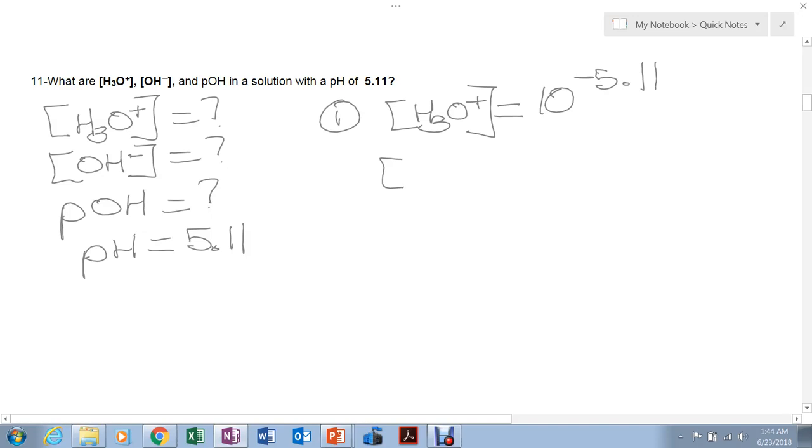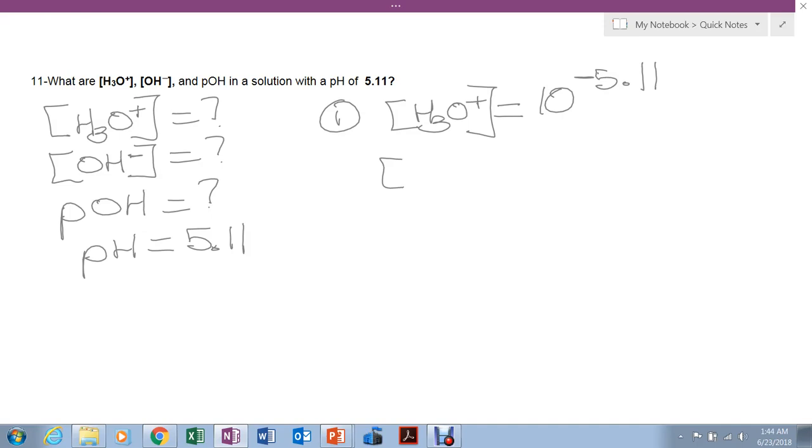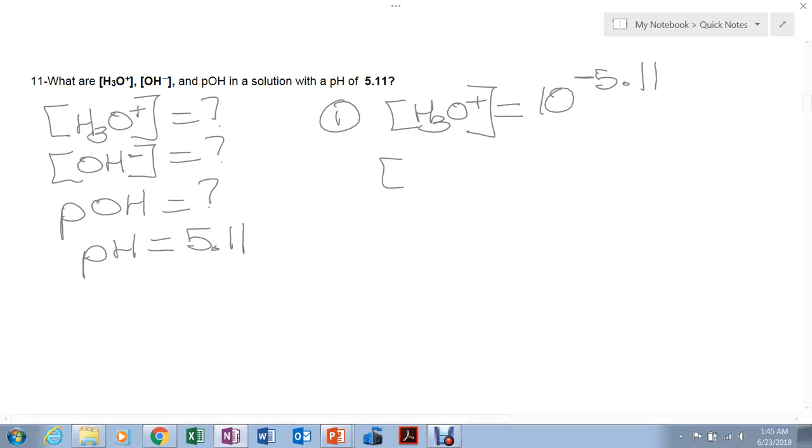The only problem is that I need the calculator here. It's going to be second function, 10 to the negative 5.11.